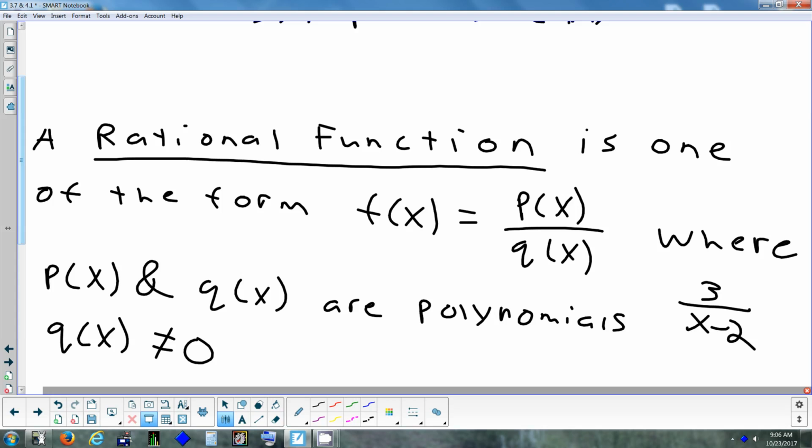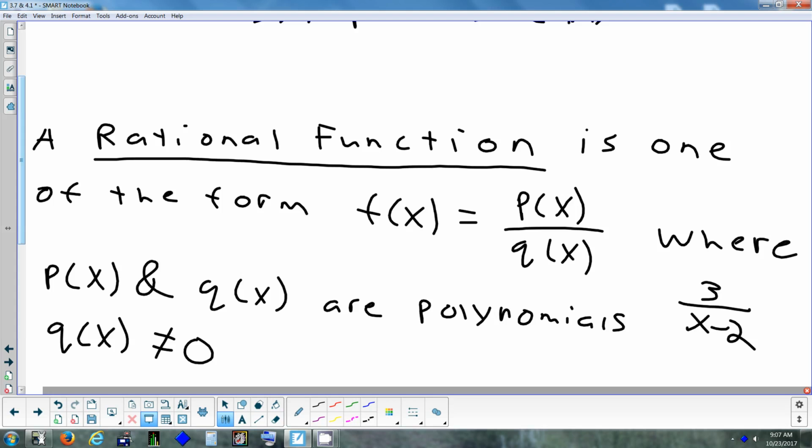Yeah. Go ahead, Matt. 2. And something weird is going to happen as you get close to 2 on each side of it. And by each side, I mean as you get close to like 1.99999, that's approaching 2 from the negative side, or as you approach 2 from the positive side, like 2.000001.